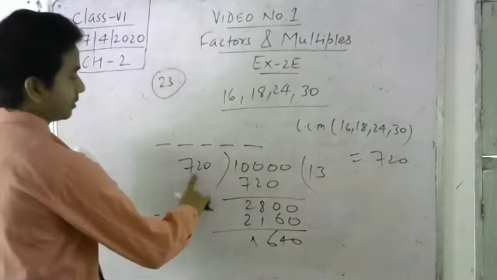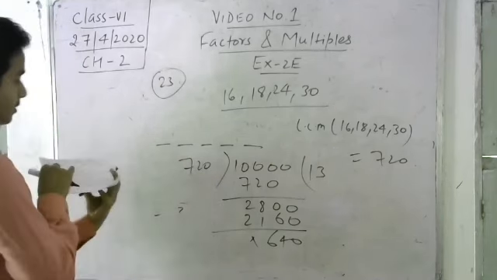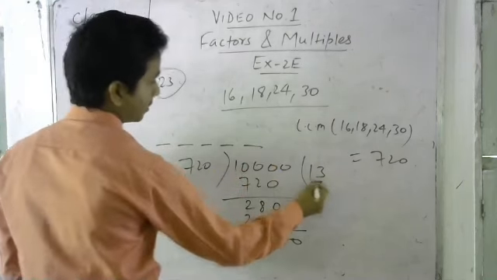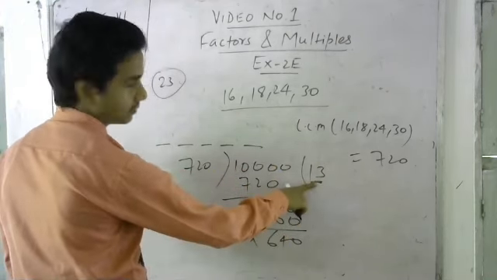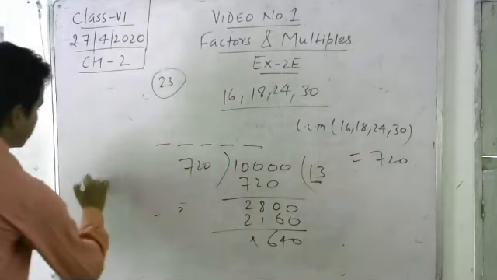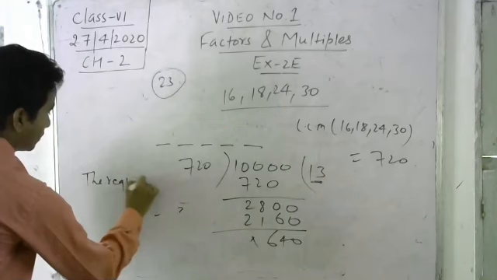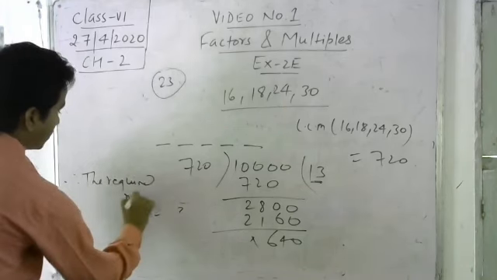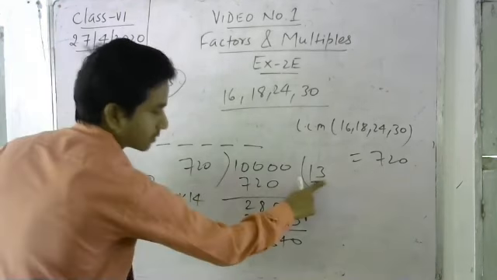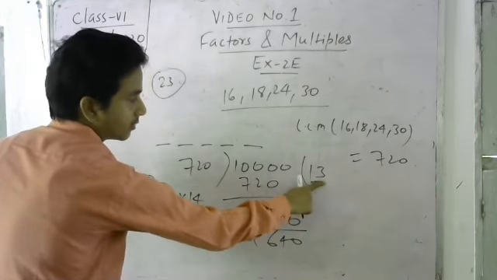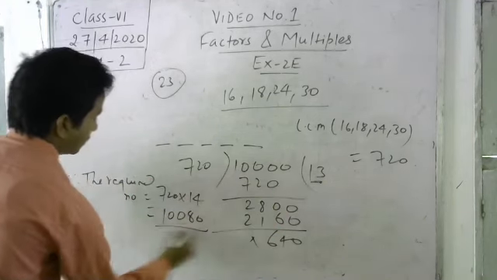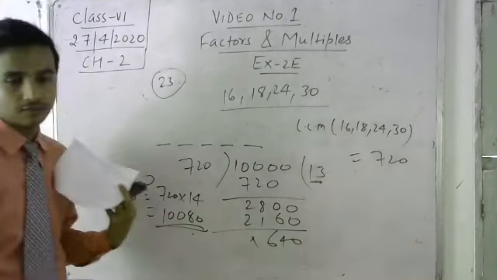So the required number, the least number that is divisible by all of these, is 1 plus 13, that is 14. So multiply by 14. Therefore the required number is 720 into 14. So what you are getting? 10080 is the answer. In this way you will solve this type of question.